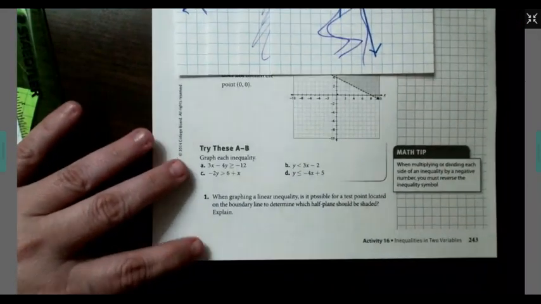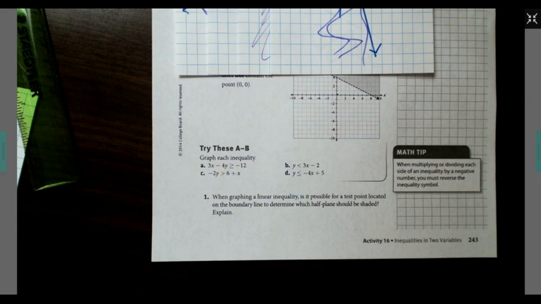Okay, let's take a look at 1. When graphing a linear inequality, is it possible for a test point located on the boundary line to determine which half plane should be shaded, and explain?